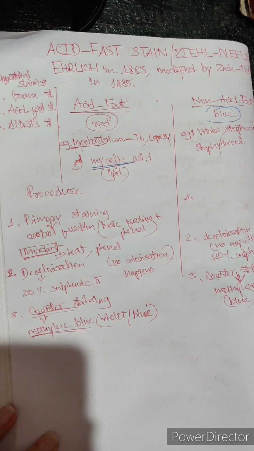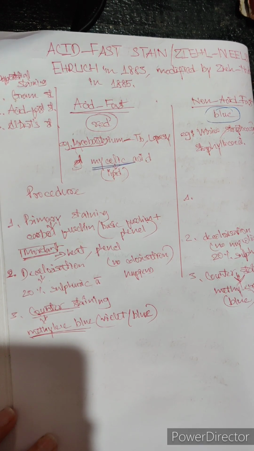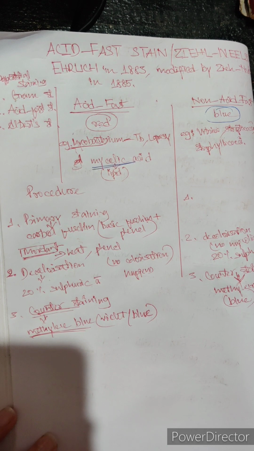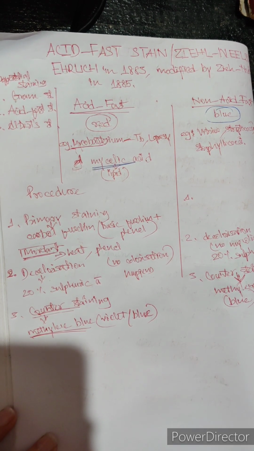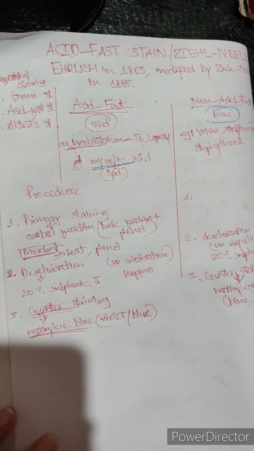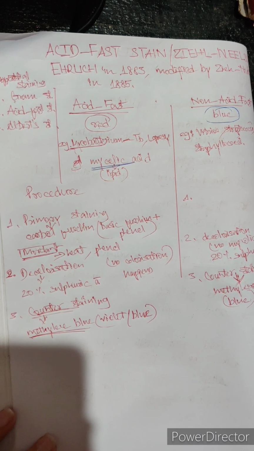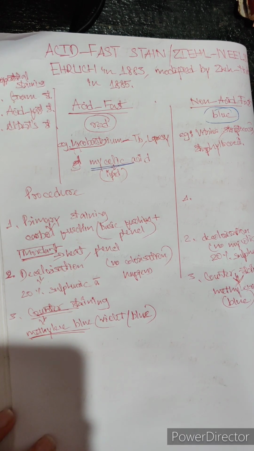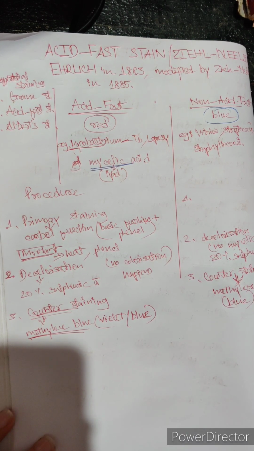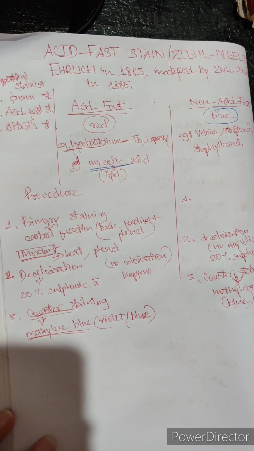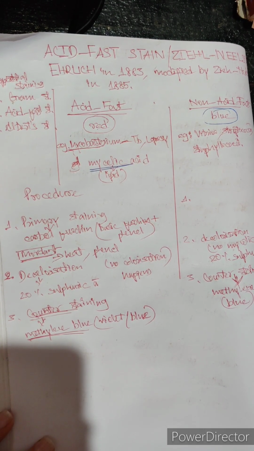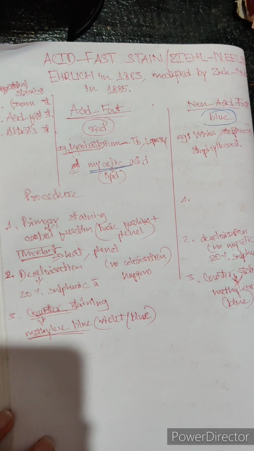This is the reason why the color of the primary stain doesn't come out, because it is already soluble with the mycolic acid. So this is the reason behind it.